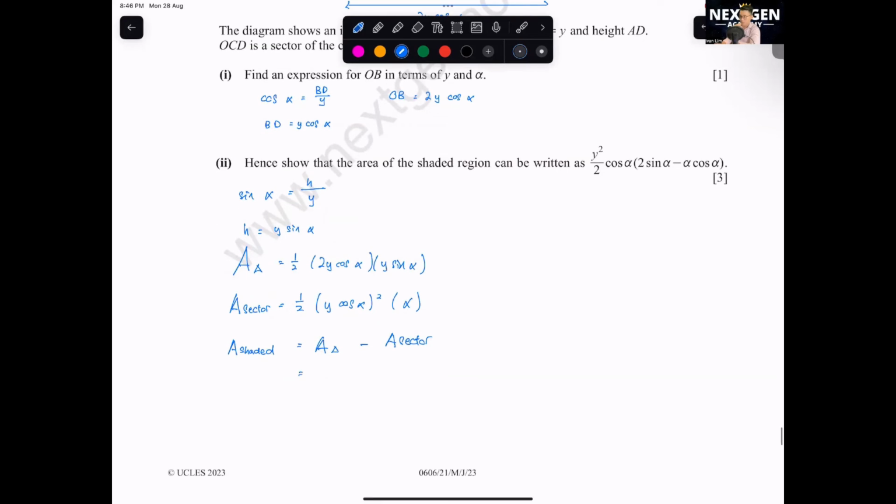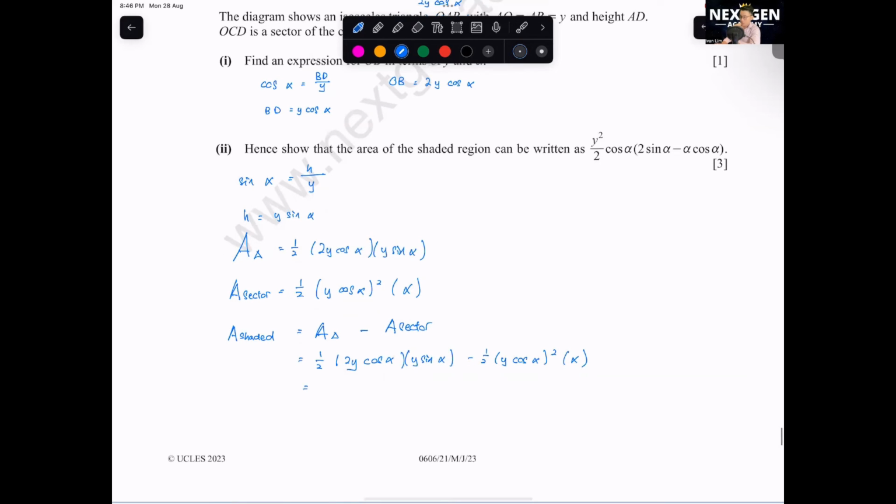So what do you get here? 1 over 2. You just copy down whatever they give you on top. 1 over 2, 2y cos alpha, y sine alpha, minus 1 over 2, y cos alpha square, alpha. Open it up. 1 over 2, 2y square cos alpha sine alpha, minus 1 over 2, y square cos alpha square, alpha.